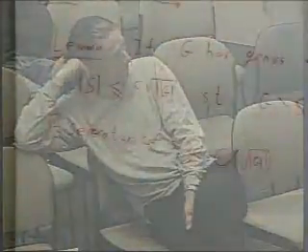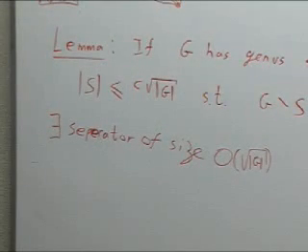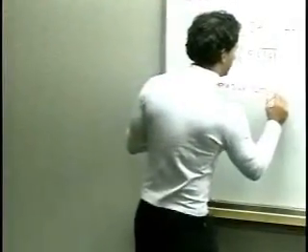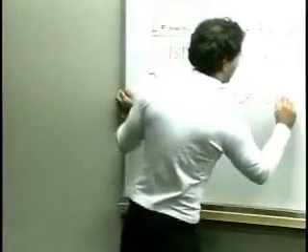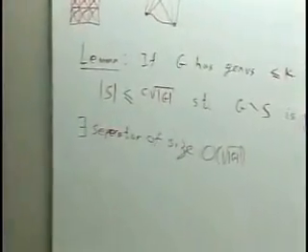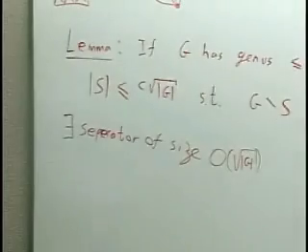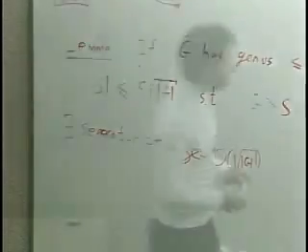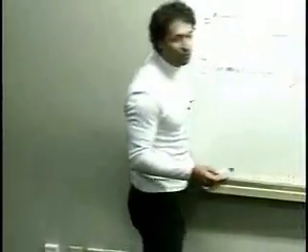The theorem is that there exists a separator of square root of the size of the graph. Yes, so the graphs get smaller exponentially, and the total amount you remove doesn't grow too much.